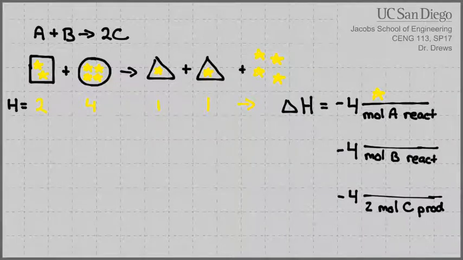Every time we react an A and a B, we actually get 2 particles of C. We don't just get 1. So the denominator changes a little bit depending on which one you're talking about.